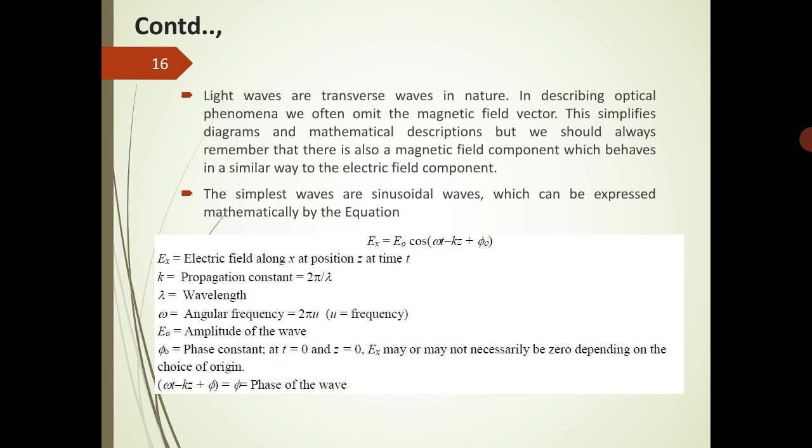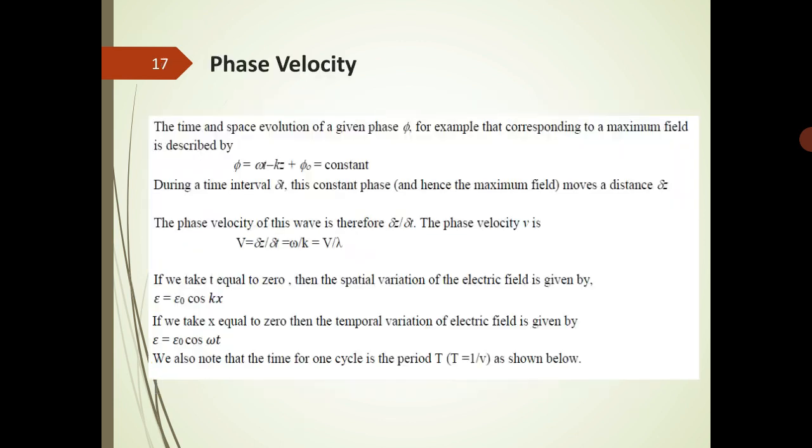We know omega is equal to 2 pi f. E naught is the amplitude of the sinusoidal wave and phi naught is the phase constant at t equal to 0 and z equal to 0. And omega t minus k z plus phi naught, the entire thing, is called the phase of the wave.